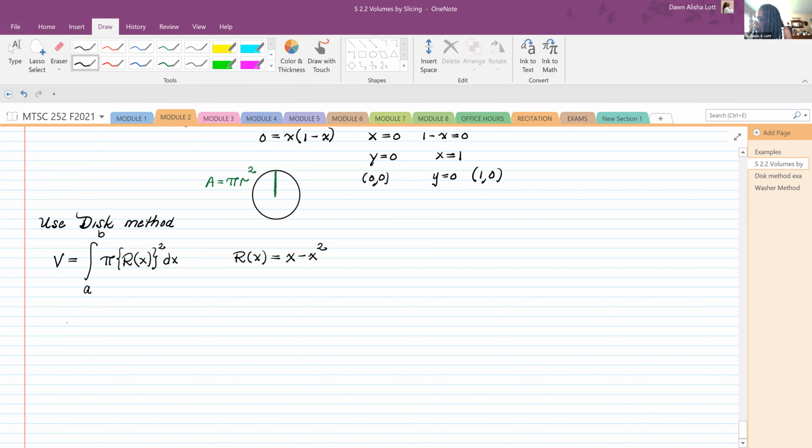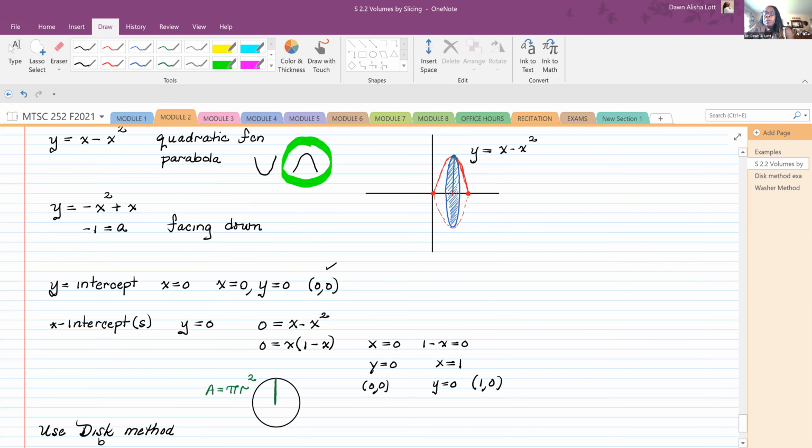Okay. So now I get the integral of pi. My radius is x minus x squared, but it has to be squared. And what are my limits of integration? Where do I start and where do I end? Is it from 0 to 1?